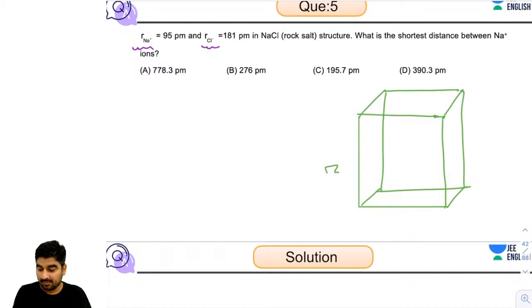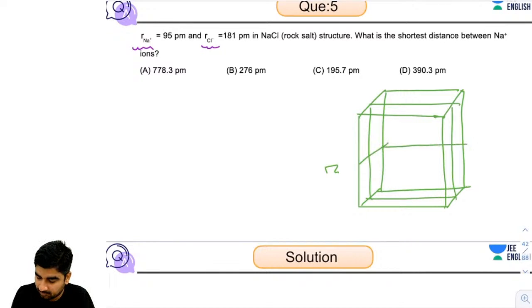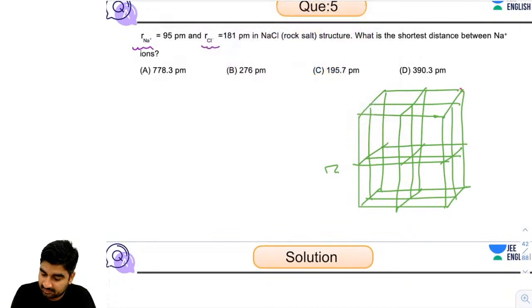Okay guys, now I'm telling you a chloride ion. So just divide it into 8 parts. And now we have chloride ions here. This is chloride. And atoms are present at the bases as well. So these are chloride.